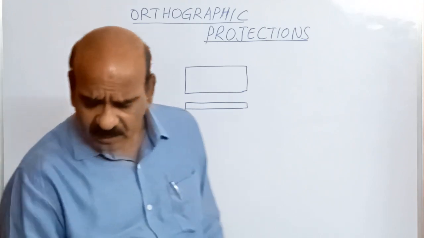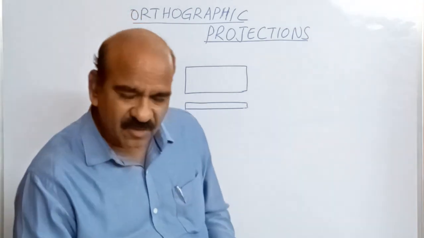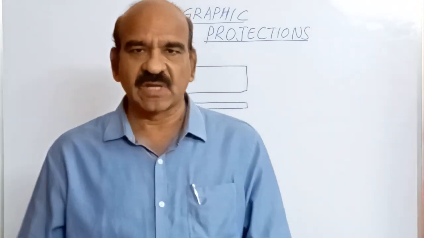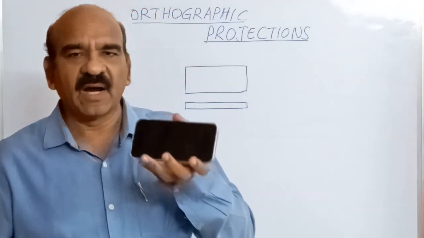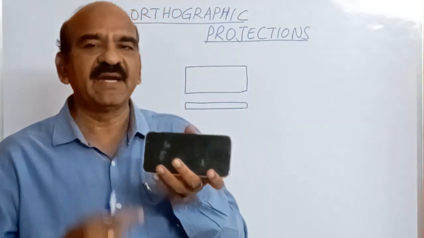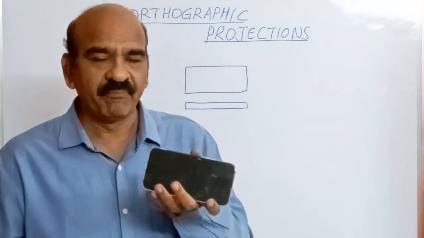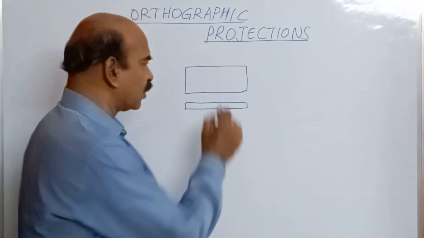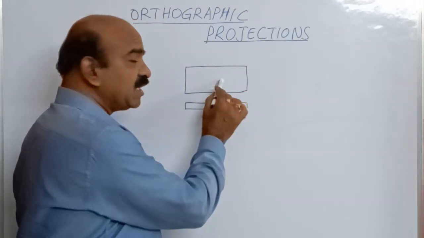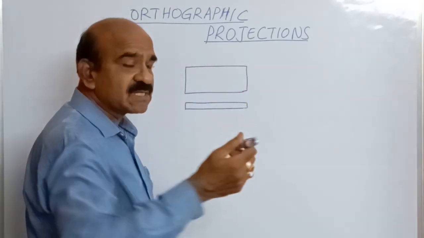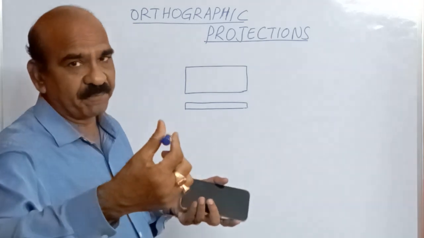But in practice, we don't have a light source, we just imagine the object and its shadow, or the image, or the projection. So we are getting two projections. This projection is obtained when the object is looked at from the front side.